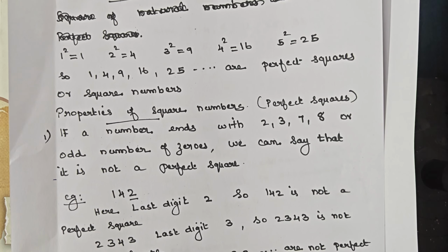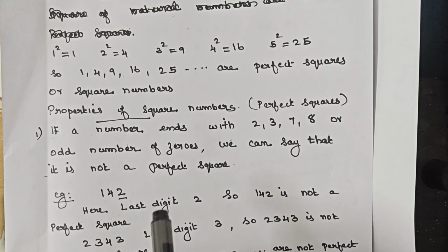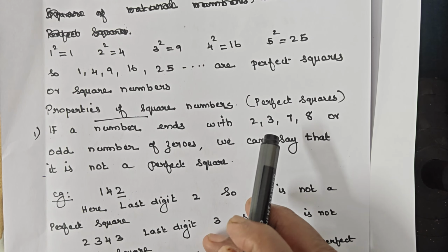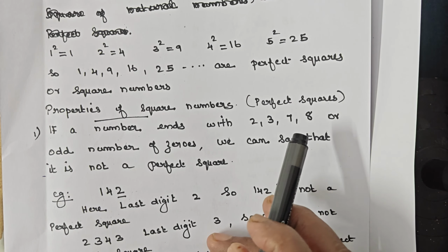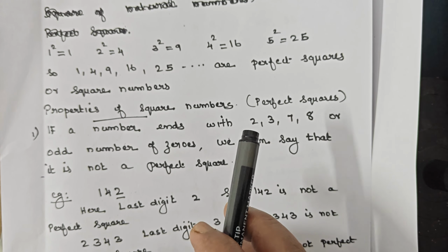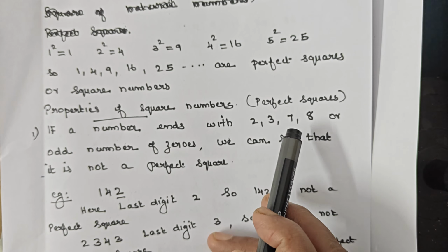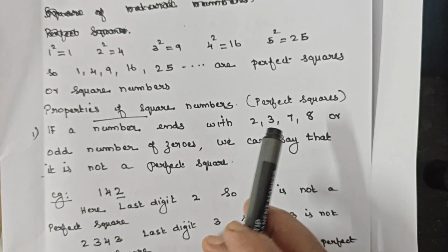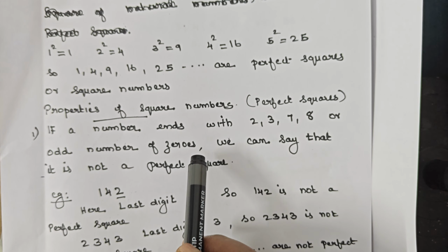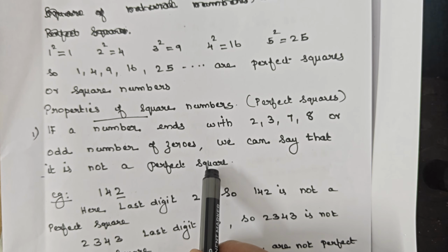In the first property, if a number ends with 2, 3, 7, 8, that is, its units place digit is 2, 3, 7, 8, or if an odd number of zeros are coming, we can surely say that it is not a perfect square.